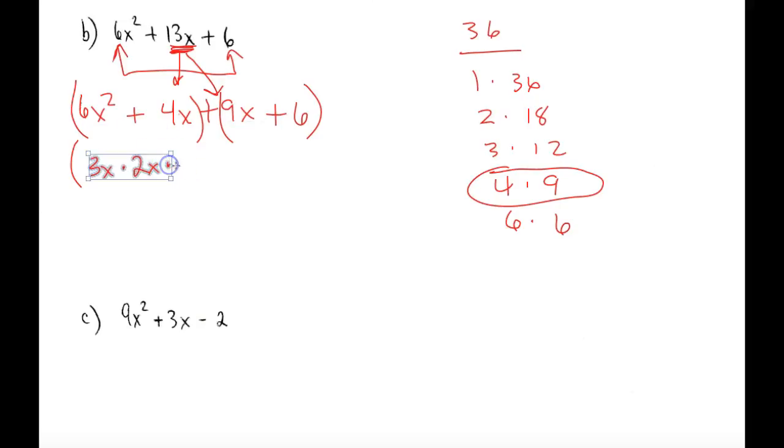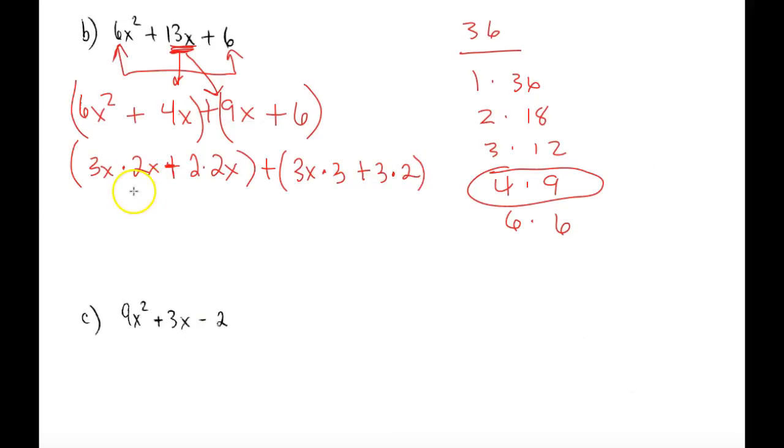Plus, and then 4x could be written as 2 times 2x. For the next one, 9x could be written as 3x times 3. And 6 could be written as 3 times 2.